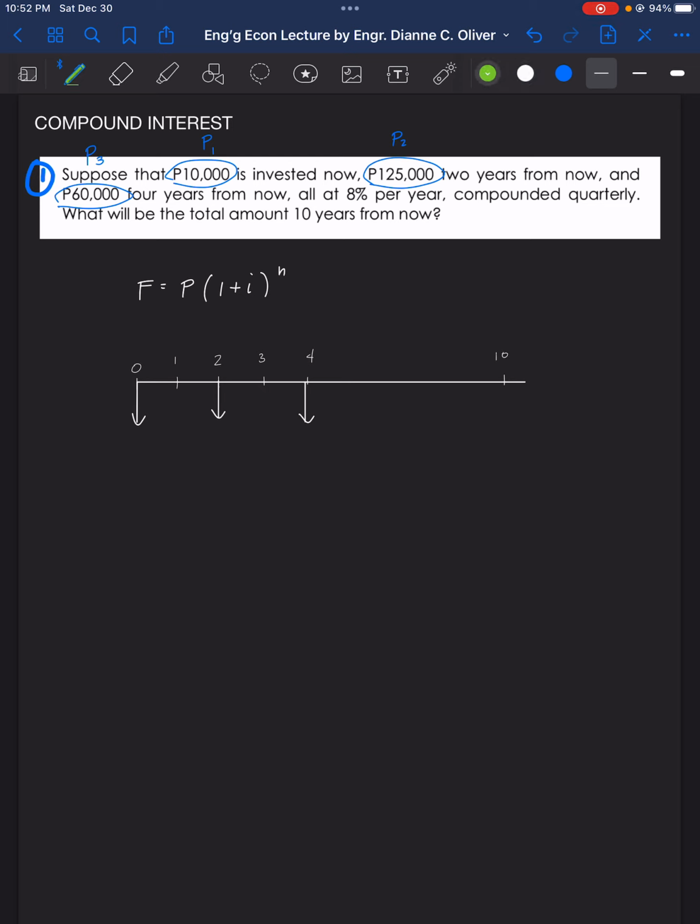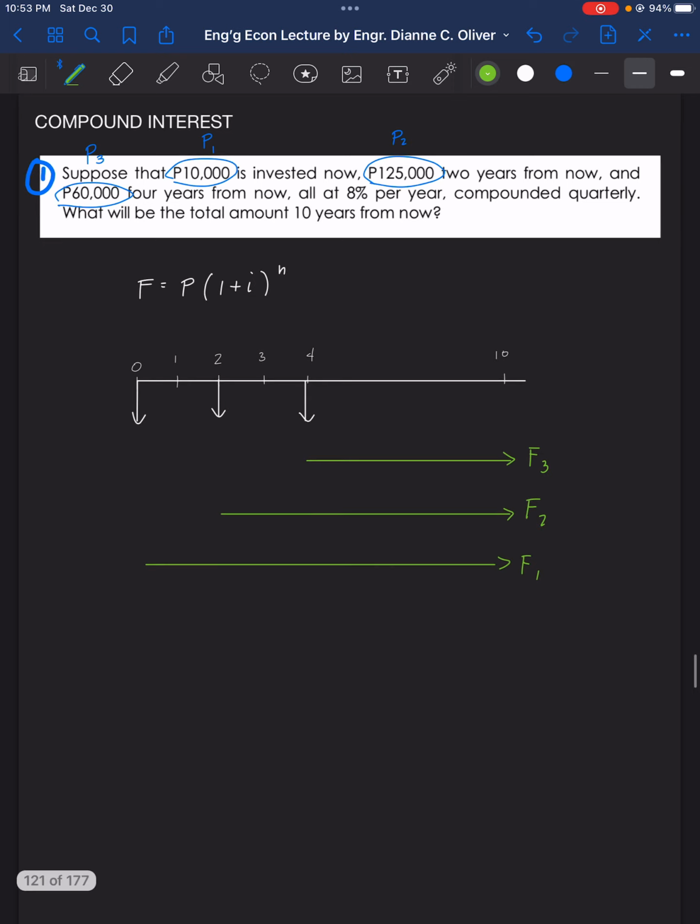So what will be the total amount? So from this 4 years here, and these 2 years, all in the future. So this is our F1, F2, and F3.